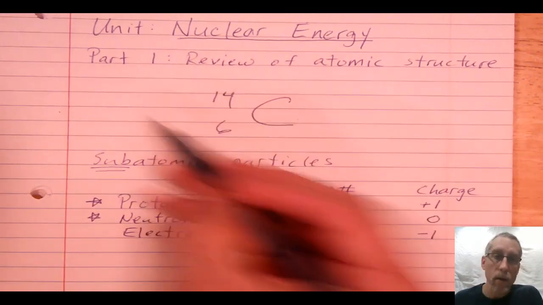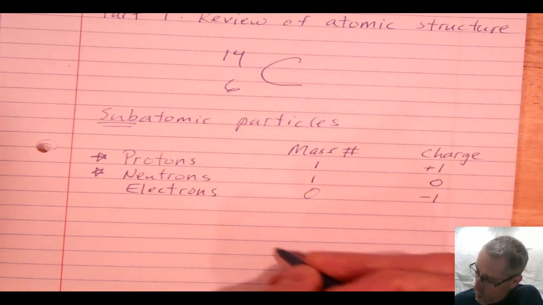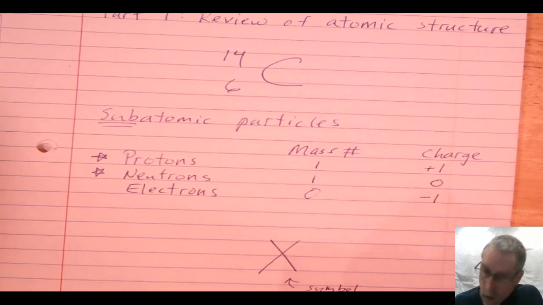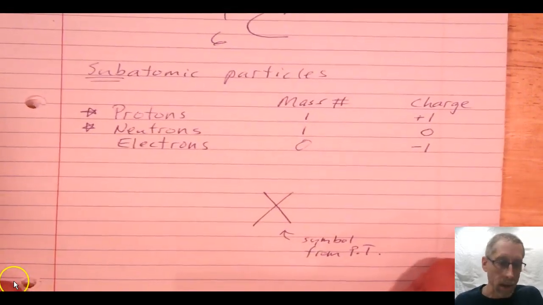So now back to this symbol. When we write the symbol for an element, here's a generic format for it. This will be the symbol from the periodic table, and there is no element X. I'm just using this as an example.